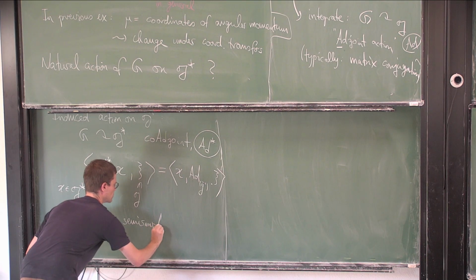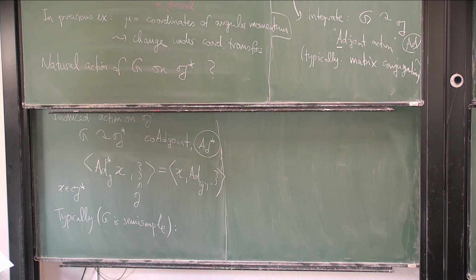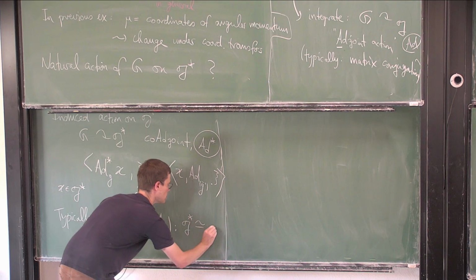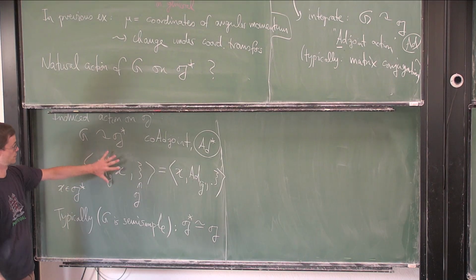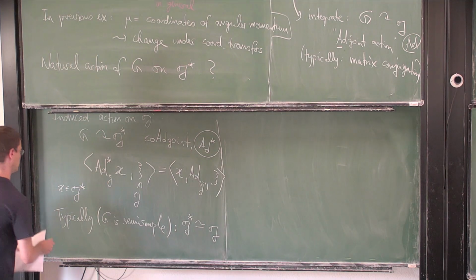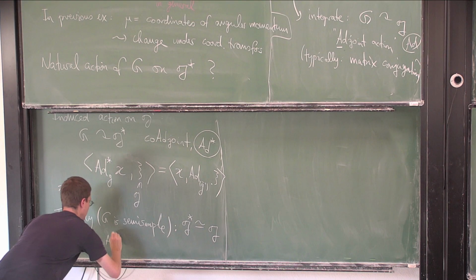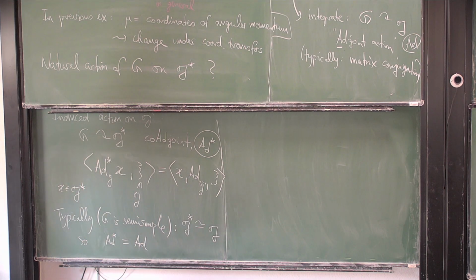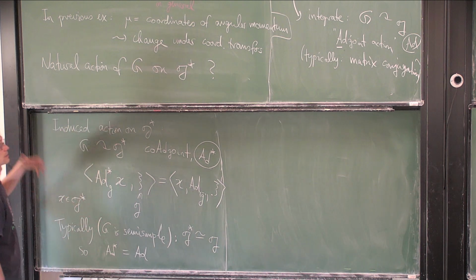It's actually more general than semi-simple, but semi-simple means you have a Killing form which is not degenerate, and then you can identify G star with G. The co-adjoint action then becomes the adjoint action: Ad star equals Ad. So in almost all examples, you should think about this action as matrix conjugation.